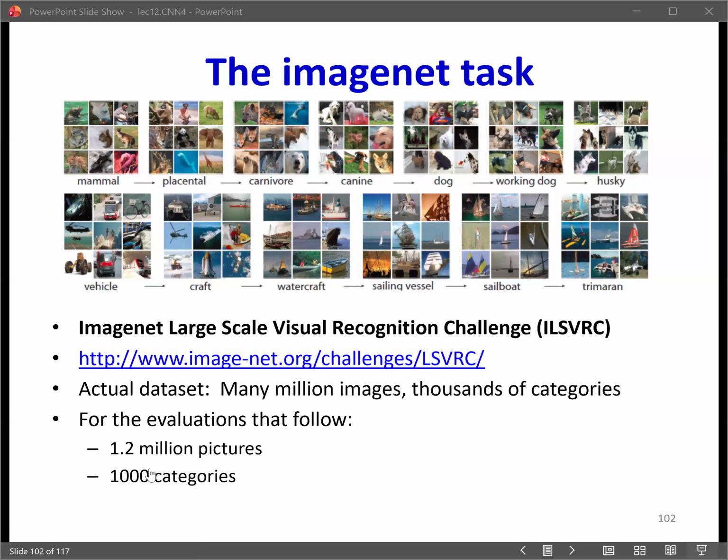The standard evaluation used 1.2 million pictures, thousands of categories. Before CNNs were used, the best models of the day gave something like 25% error in top 5 in the best case, and they couldn't get past it.